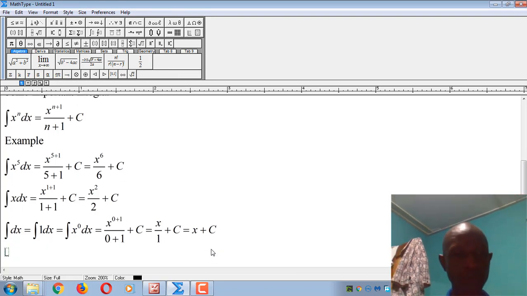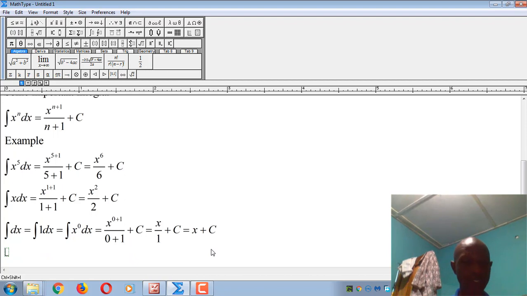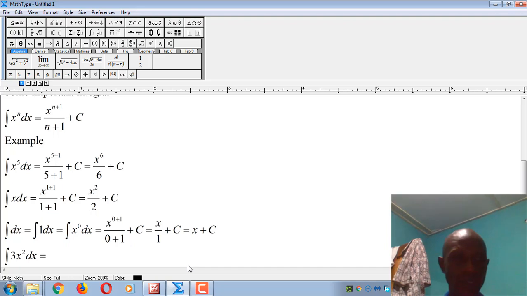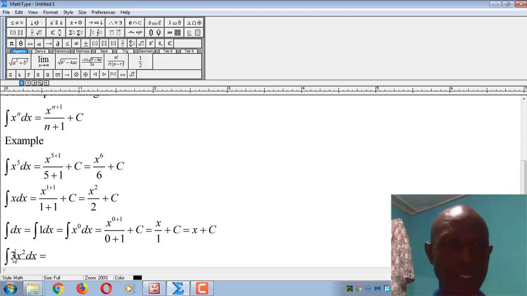Now imagine we are given something like the integral of 3x squared dx. This 3 is a constant, so you can bring this 3 out of the integral.